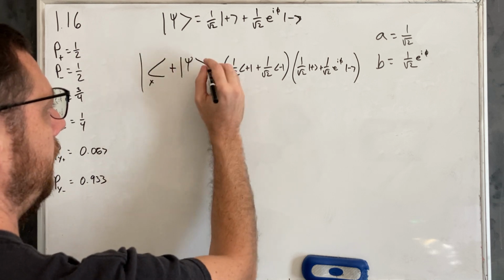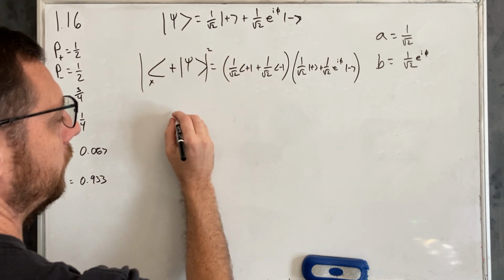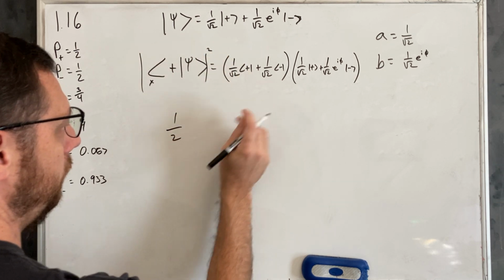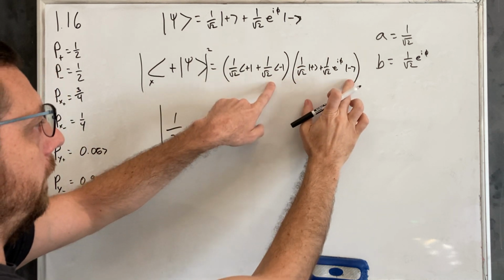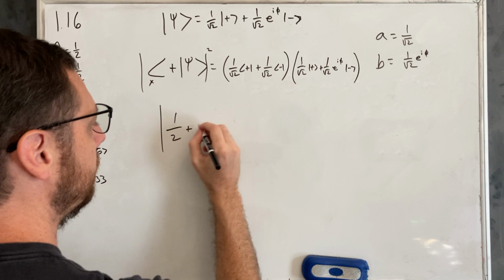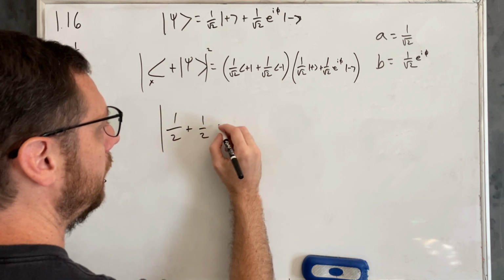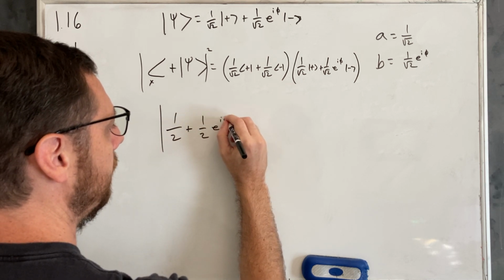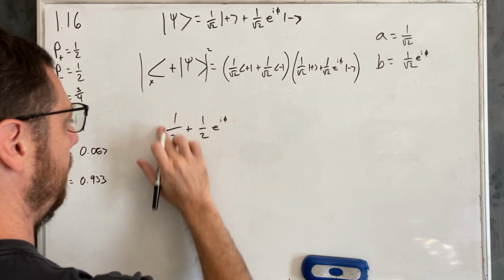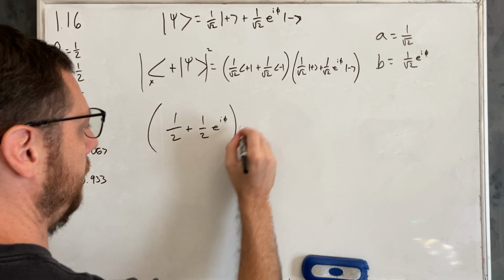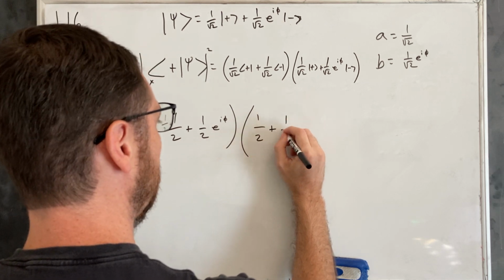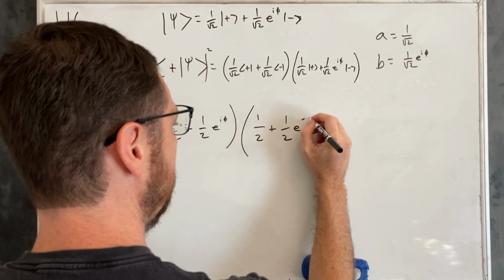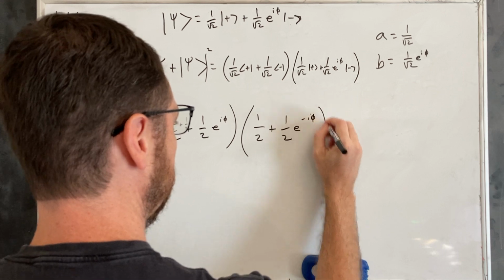Again, we're going to be squaring this. So 1 over 2, 1 over root 2 times 1 over root 2. And then we'll keep our downs here. So we'll have plus 1 over 2 e to the i phi. And we're going to be squaring this. So there's going to be 1/2 plus 1/2 e to the negative i phi.